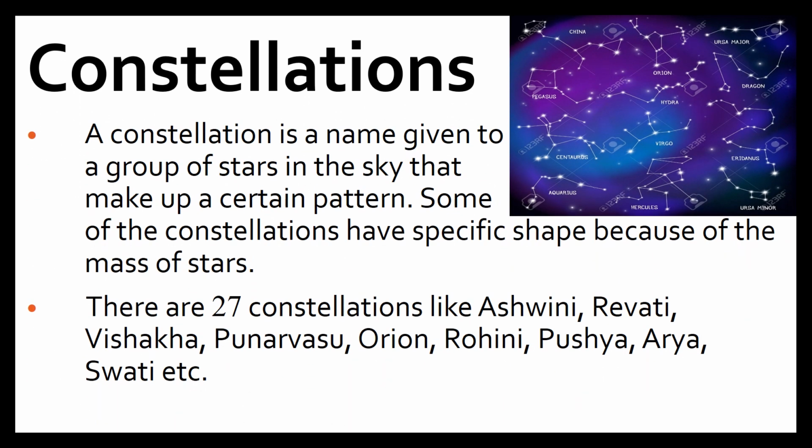A constellation is a name given to a group of stars in the sky that makes up a certain pattern. Some of the constellations have a specific shape because of the mass of stars.